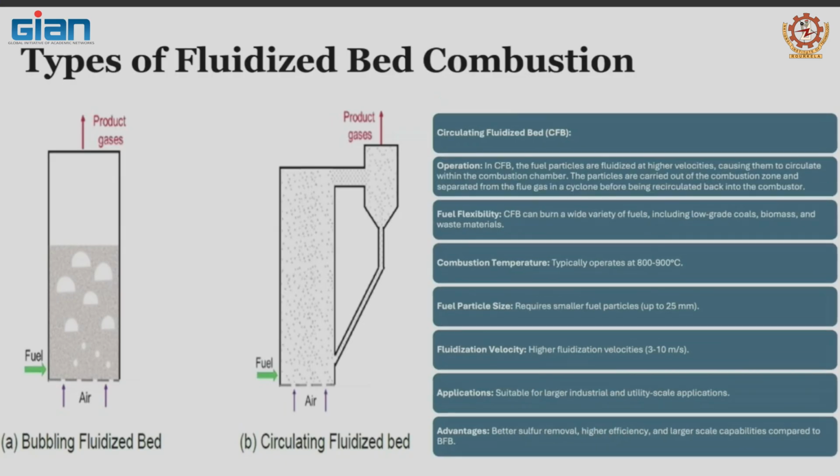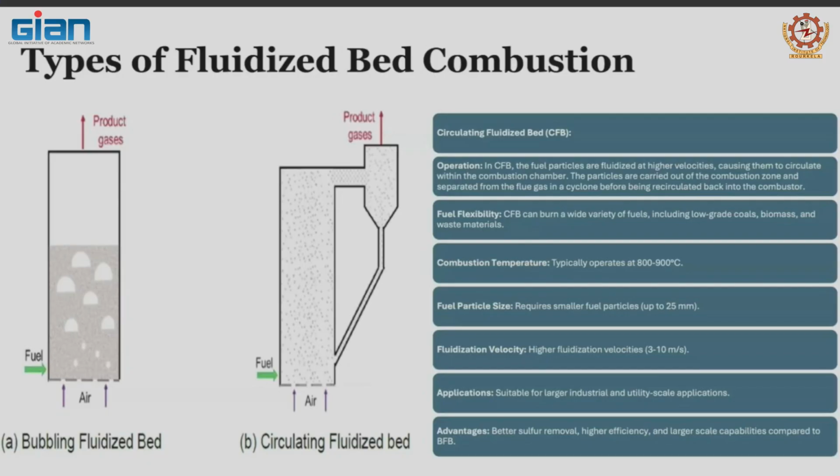In circulating fluidized beds, we can try a little higher temperatures. Of course, fuel particles could be even larger, given the transition velocity and fast fluidization. You will have to use higher fluidization velocities.